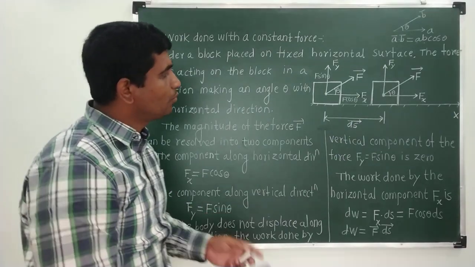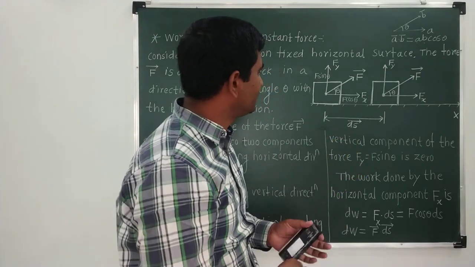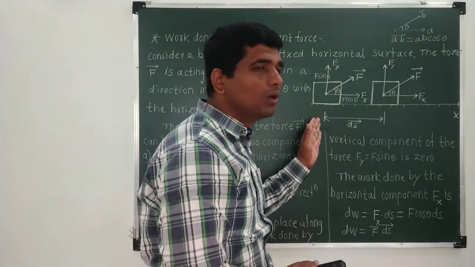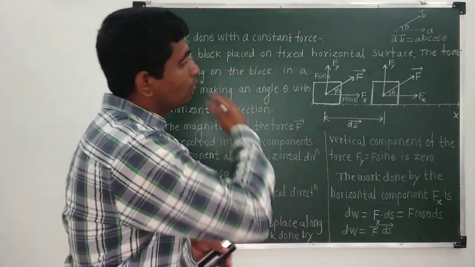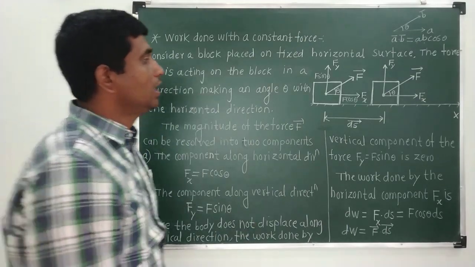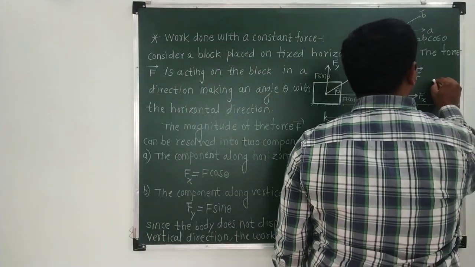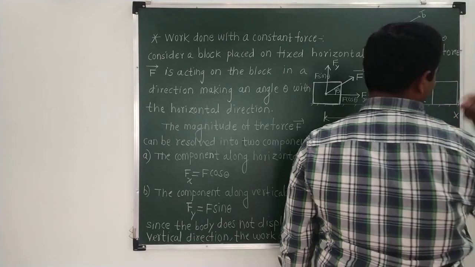Now this is the work done we have calculated over an infinitesimal displacement, when the body is moving from one point to another point with a very small displacement. Now we have to calculate the work done over the entire process. Suppose we reach this point, which is the final point.